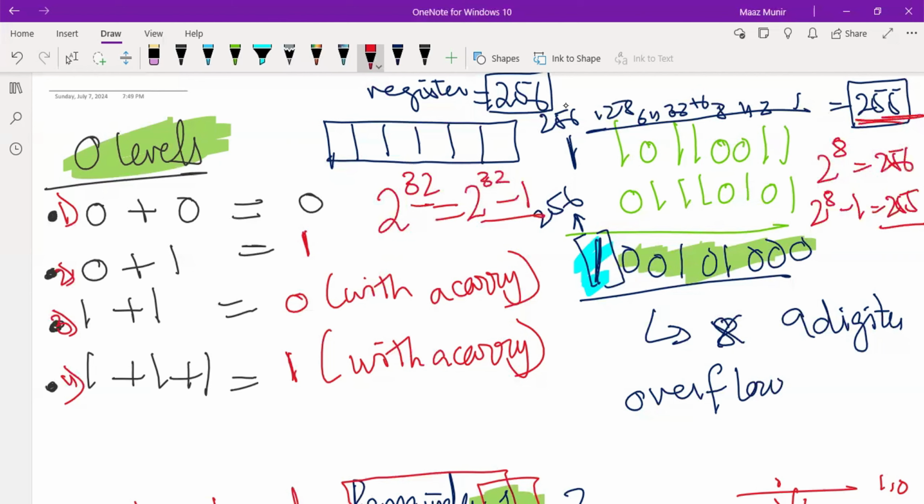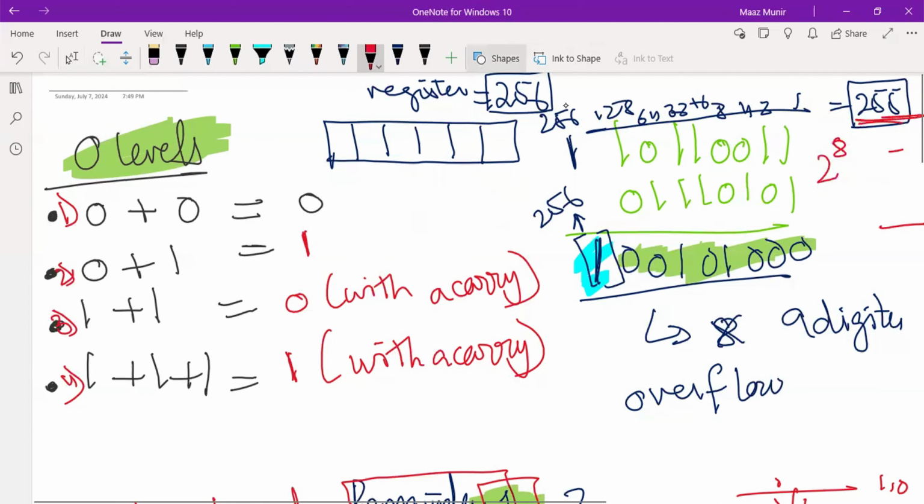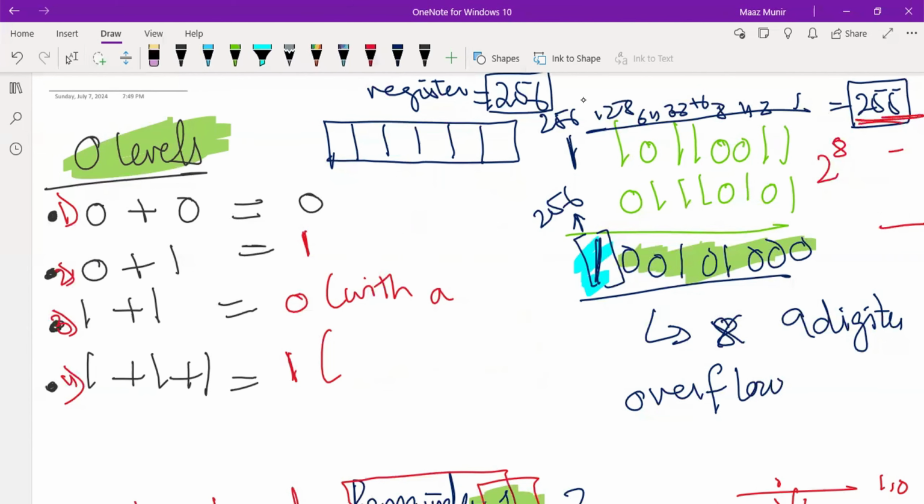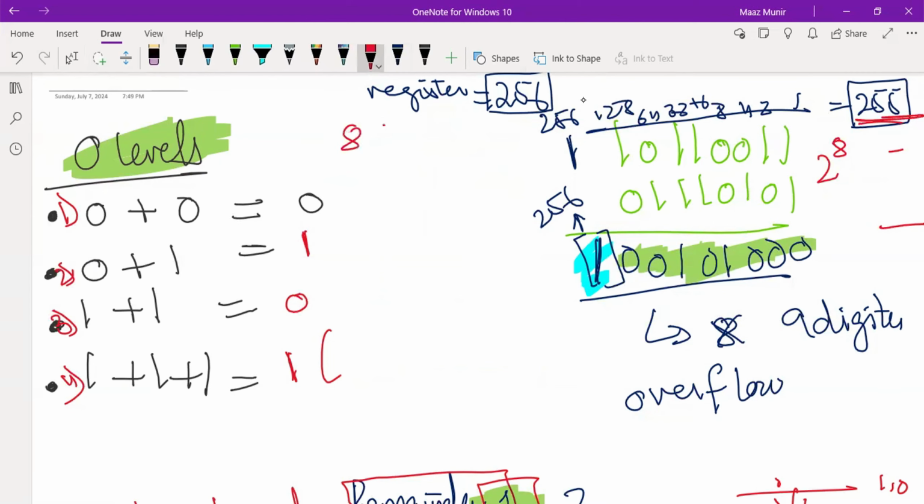This is something I only wanted to tell you for your concept. You don't need to memorize this a lot, but if in an exam you get a question, let's erase this part, that you have an 8-bit register, how much can it store? This question mostly comes in the match the column section.